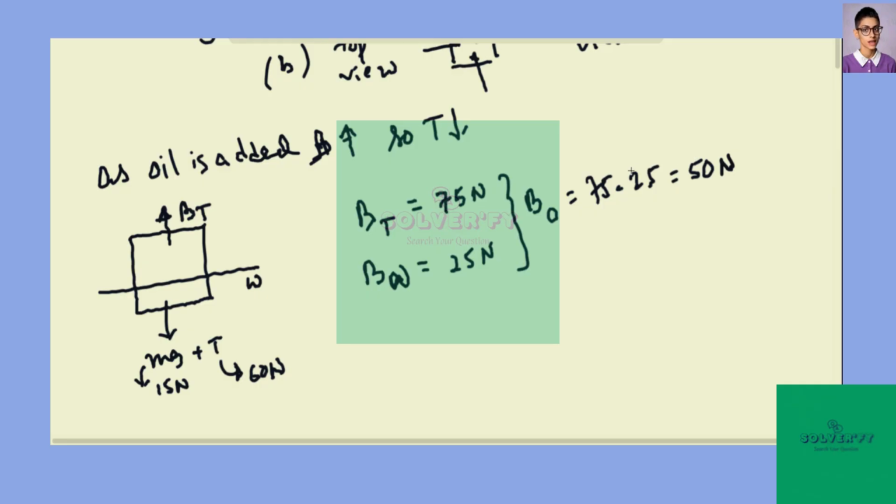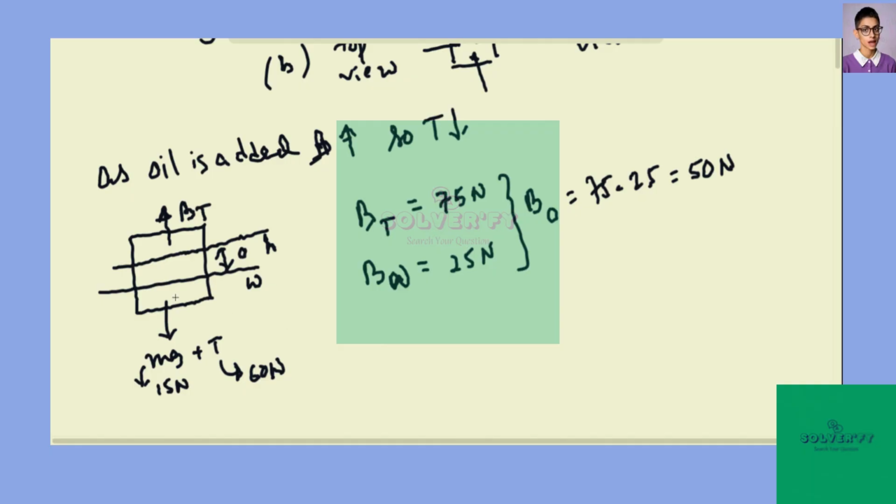Now we know the oil density. So what we have to assume is here is the oil layer, and let's say the height of the oil layer is h.